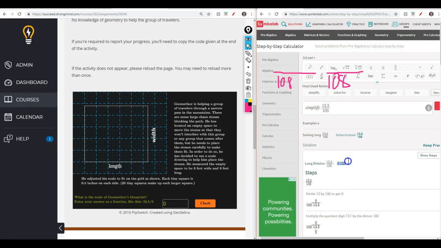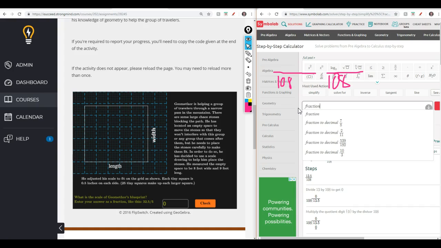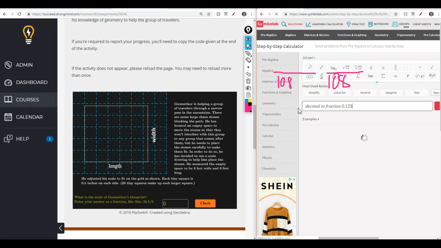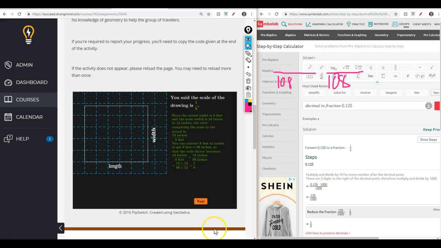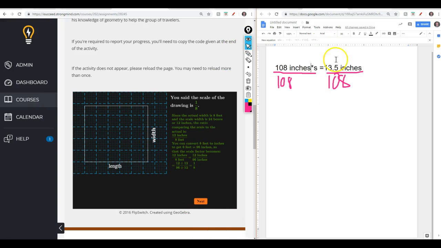It still is giving us a decimal, so I'll do decimal to fraction, 0.125. So then it's converting it to 1/8. So this is 1/8. So then I can come over here and remember that our scale factor is equal to 1/8.